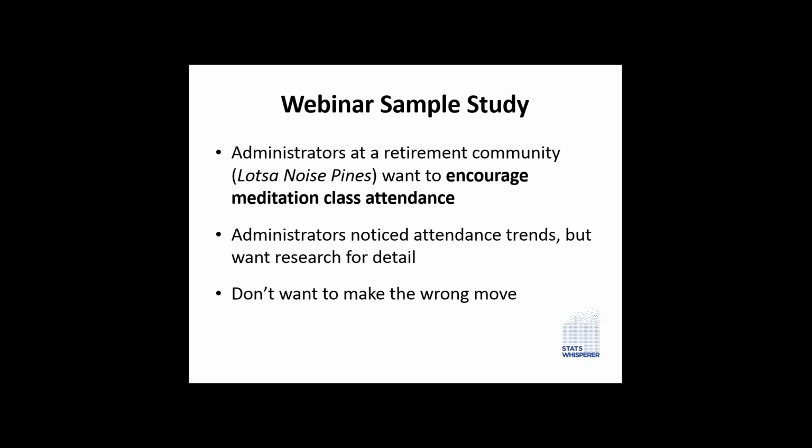They don't want to do things to encourage attendance that aren't supported empirically, so they're kind of conservative administrators. They don't want to make the wrong move. The wrong move's costly. You may have to either make another move or go back to the way things were. So, a conservative approach.